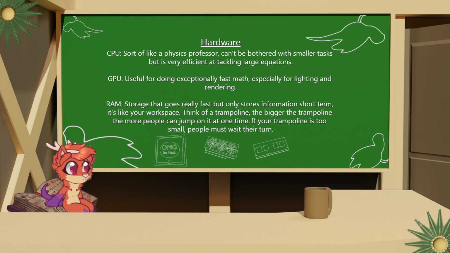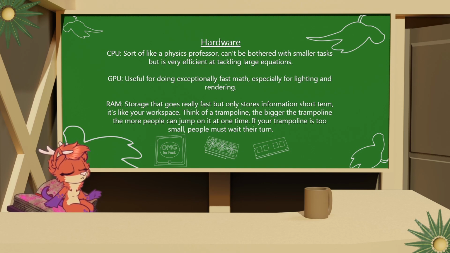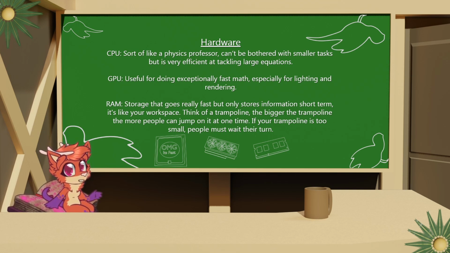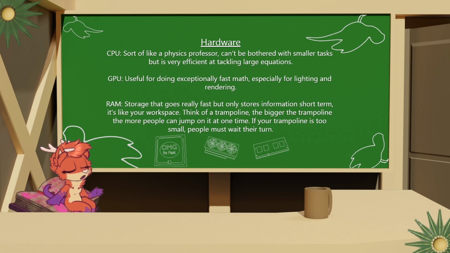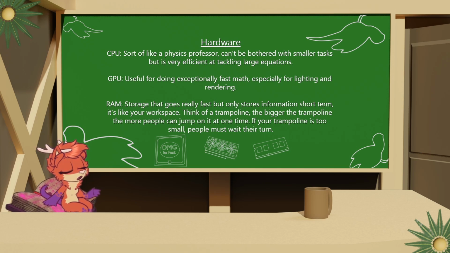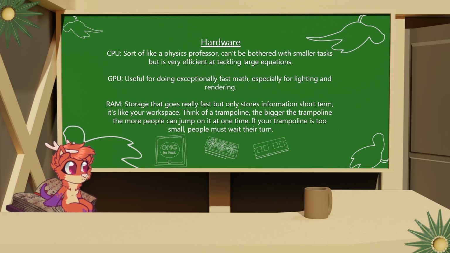A great example of why this is important to keep in mind is that a lot of things for stream store their temporary information, like tasks that haven't been completed yet, in RAM. So if your RAM is too small, you might overload everything, and then your program starts to lag behind, your stream starts to lag behind, your bots start to lag behind, and everything just generally has a bad time. There are ways to mitigate that.